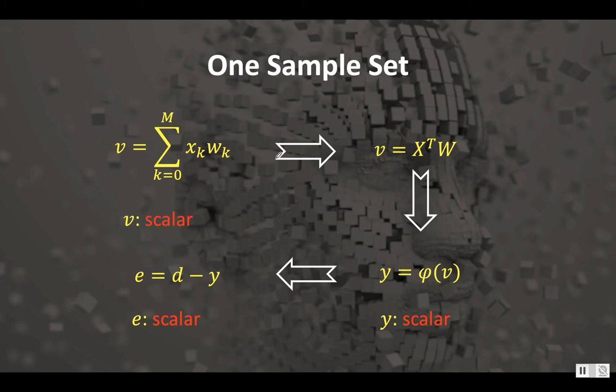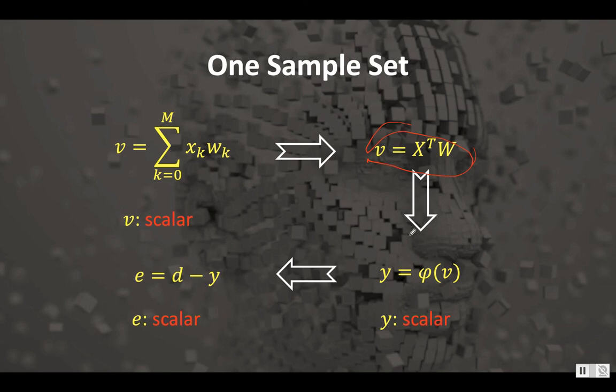We can also write it in a vector multiplication format, that is capital X transpose multiplied by capital W. As we know, X transpose is a 1 row by m plus 1 columns vector, and W is an m plus 1 rows by 1 column vector, and their product V is a scalar. We call this kind of product the vector inner product.